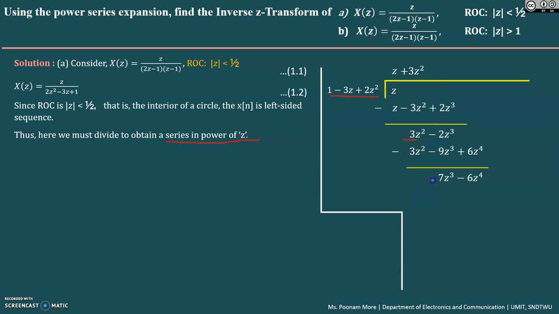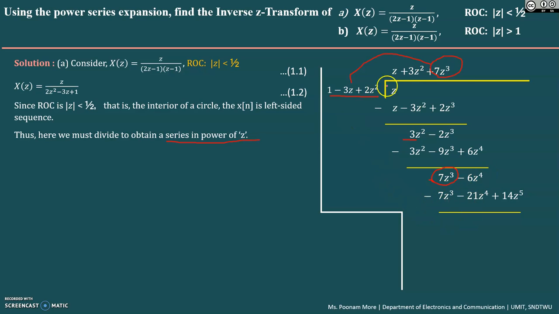Now as the first term is 7 into z cube, we will multiply our divisor with 7 into z cube to get the next term with which we will perform the subtraction.